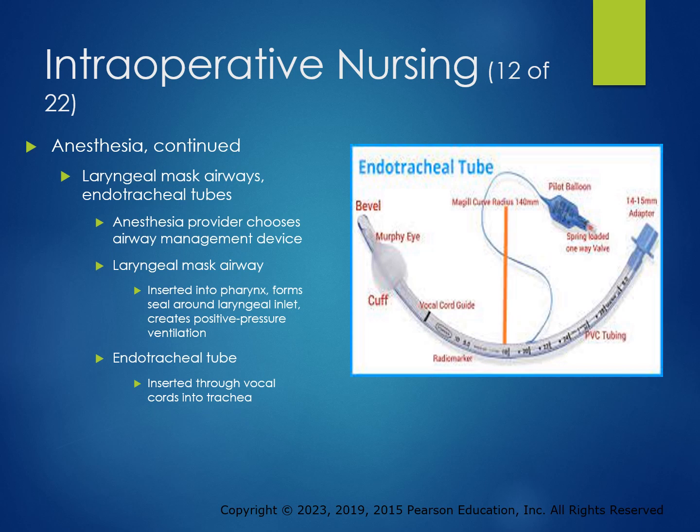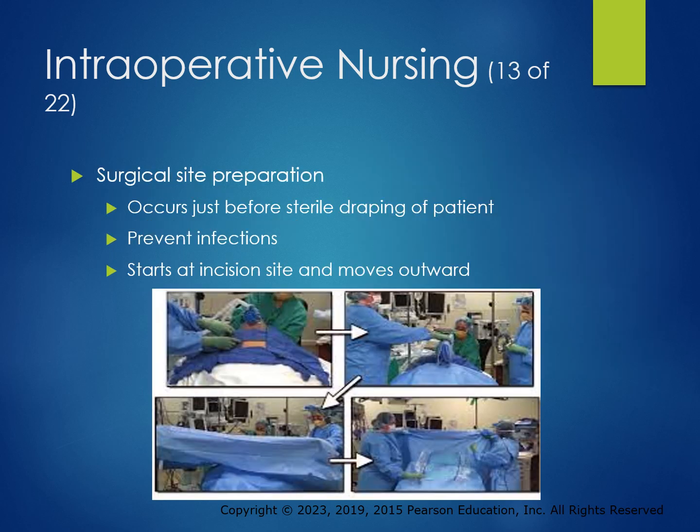It's inserted into the pharynx, forms a seal around the laryngeal inlet, and creates positive pressure ventilation, and then the endotracheal tube is inserted through the vocal cords into the trachea. And so, of course, that's why you have such a bad sore throat. These are put in by people who are trained. A registered nurse does not do that.